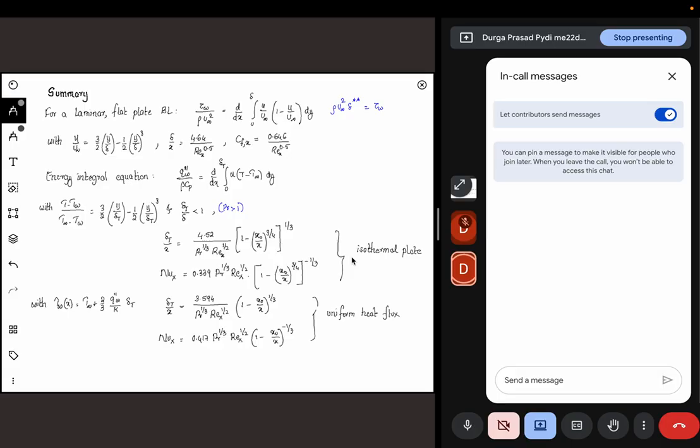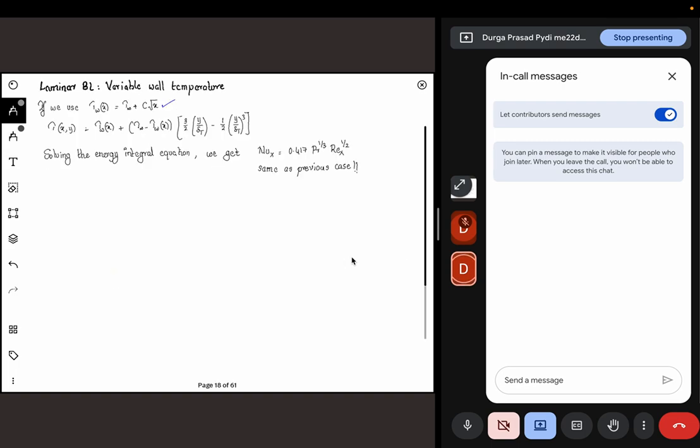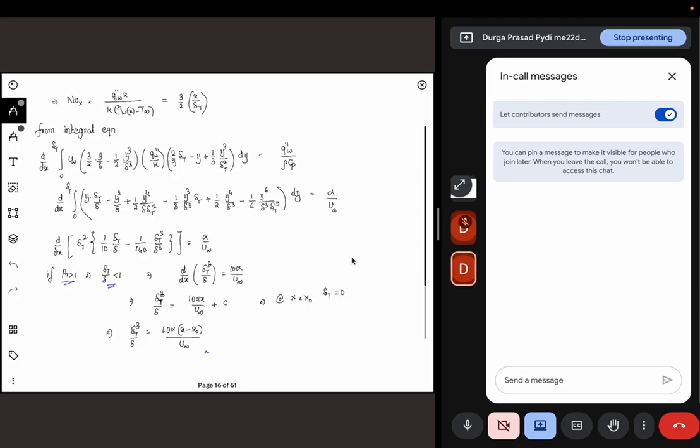And the corresponding wall temperature profiles. This is the profile you assumed in case of constant wall temperature, and in case of constant heat flux, Tw of x is given by this. Again, you have the same equation as before. The other equation, I'll just put it in the same place.